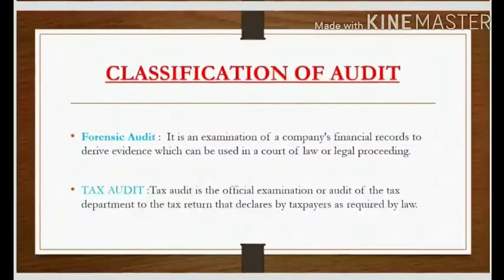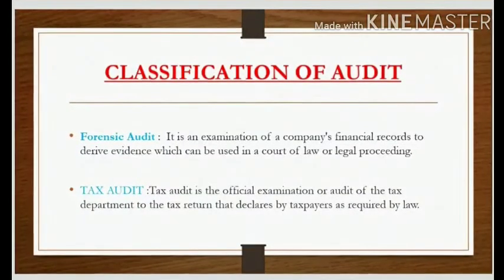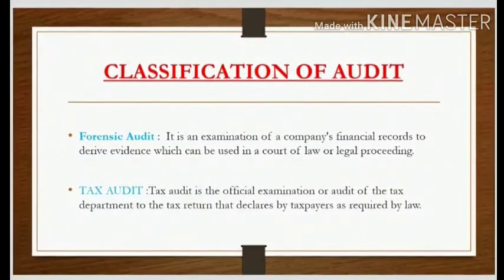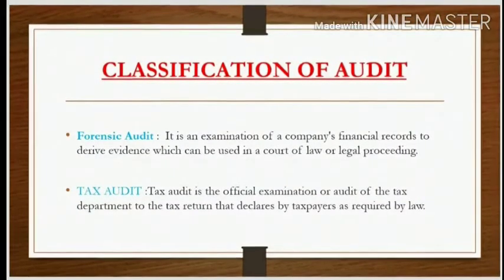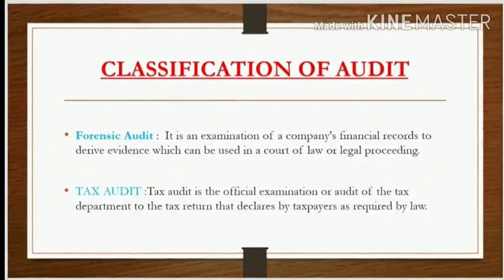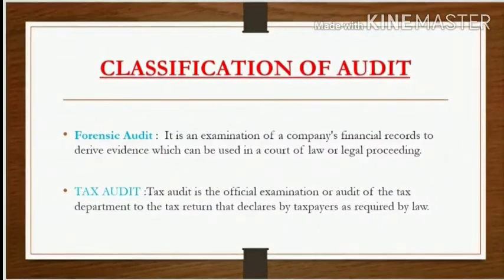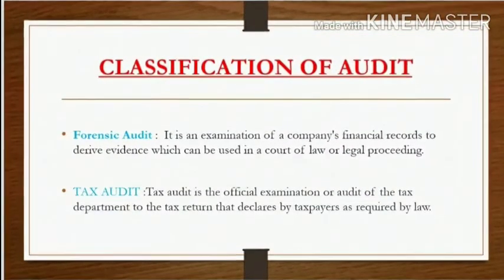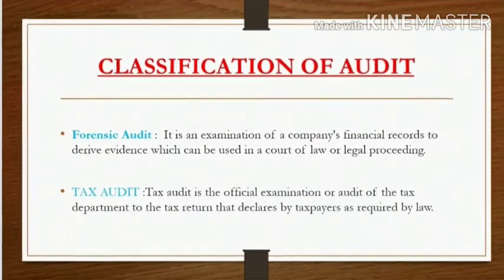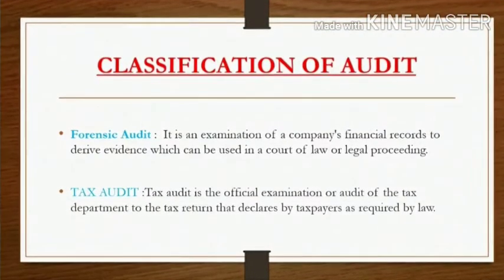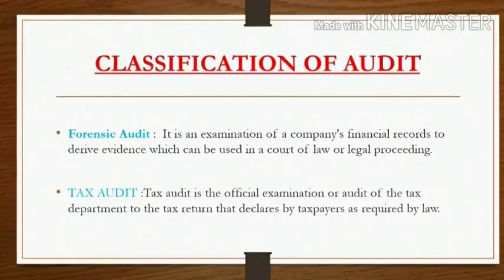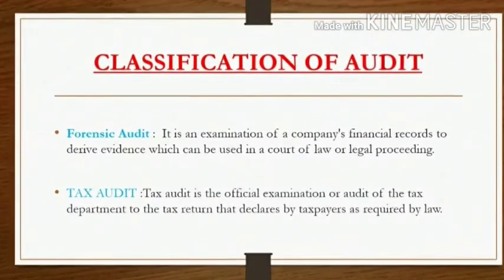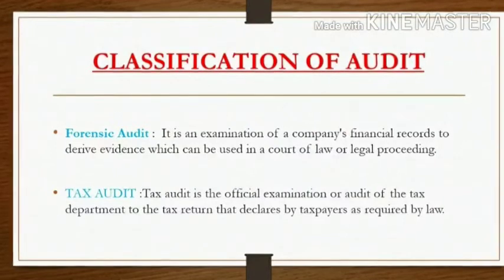Forensic audit. Forensic means techniques used in connection with the detection of crime. So, it is an examination of a company's financial records to derive evidence which can be used in a court of law or legal proceedings. That is, the company tries to find evidence to prove its financial records.